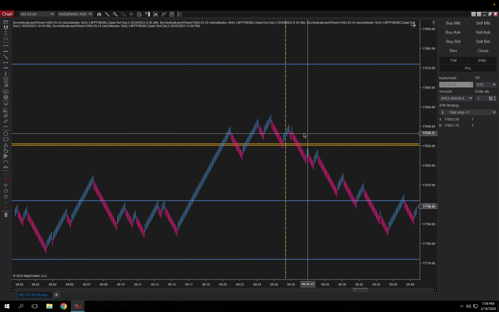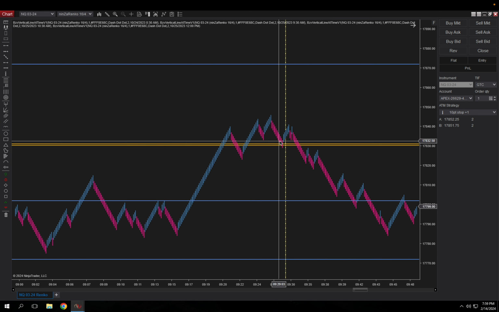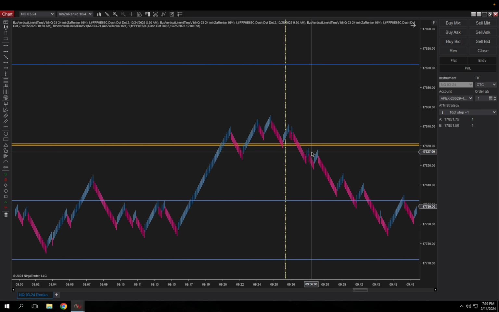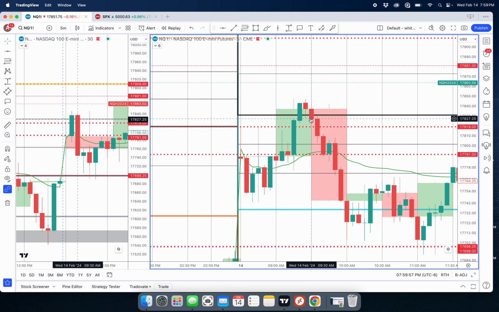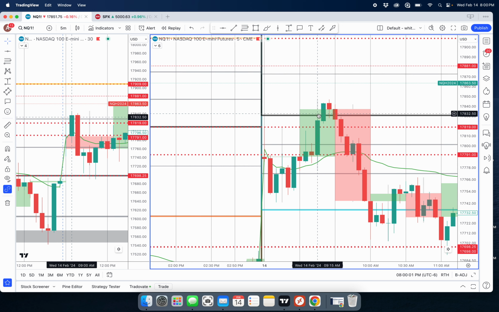Or you get in and you have a tight stop, and if you get stopped out, they're breaking back below, and you wait for that 5-minute candle to close. If you waited for that 5-minute candle to close, then you knew they weren't going to go below. You see this candle right here where they dipped below and brought it back up, right? They dipped it below and they closed it. So then on this next candle, they never actually got above. You could have got in here.